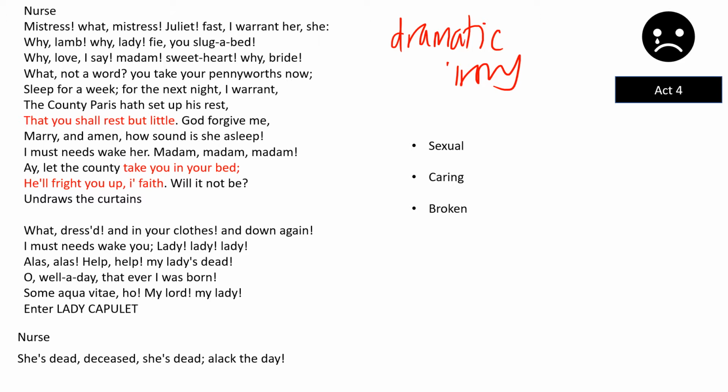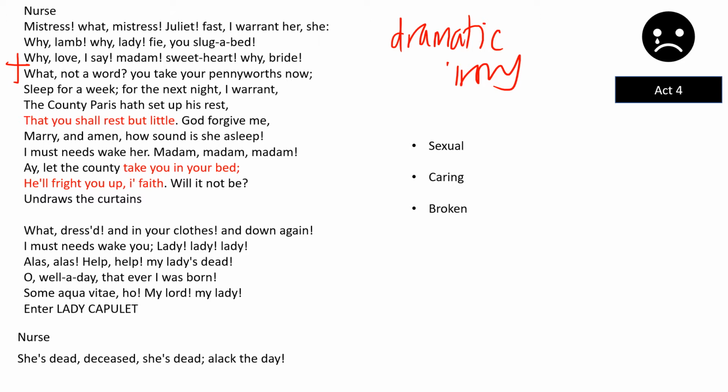And we start with the excitement. You know, the nurse is excited. The girl who she treats like a daughter is going to be married. She is happy about that, yet she then discovers that she is dead. And that marks a change in the way that the character talks.